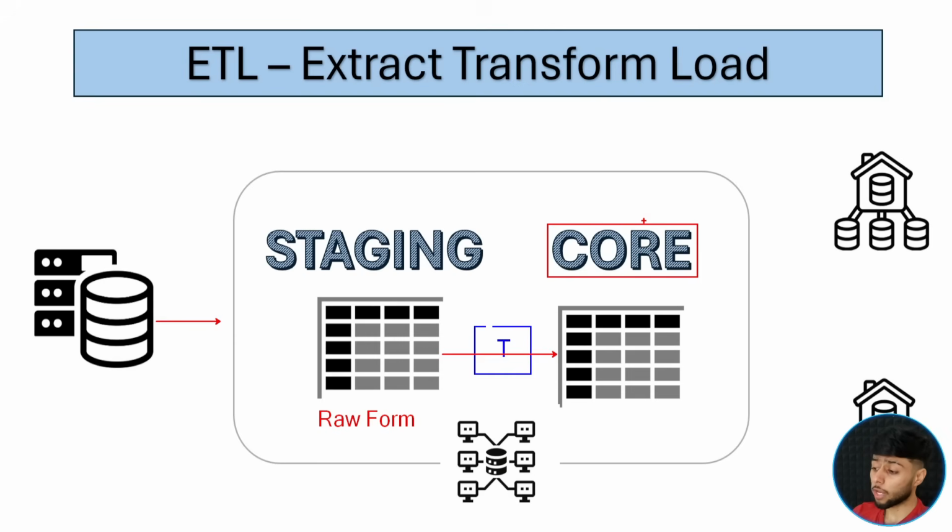The core layer is your layer which is exposed to all the data analysts, data scientists, business analysts, BI developers, everyone. So they access this core layer, not this staging layer. Why? Because obviously they need to use the curated data.